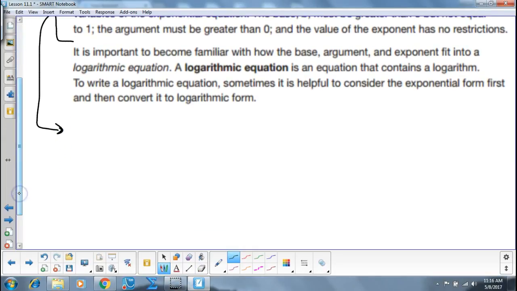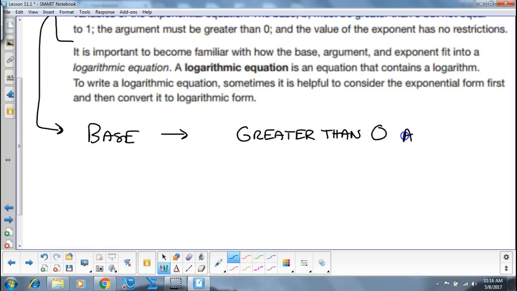So what that paragraph said was that your base has to be greater than 0 and not equal to 1.